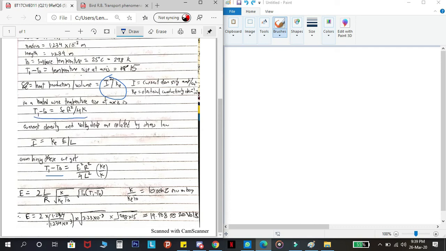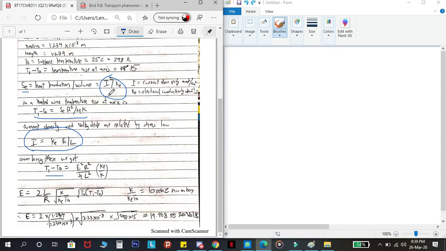Now we know that heat production, which is Se, is I square by ke, and by applying Ohm's law we can get this as well. This is another rewritten version of Ohm's law where I is directly proportional to your voltage drop, but here since it's current density we have a division by L.